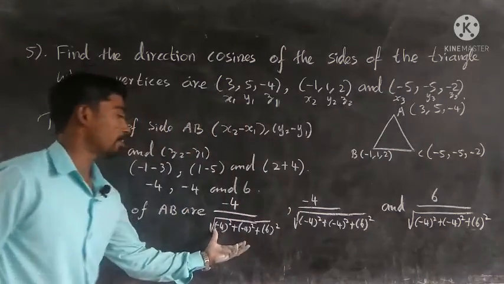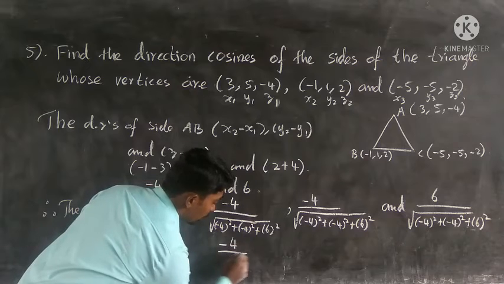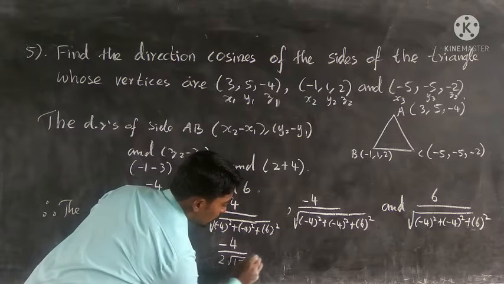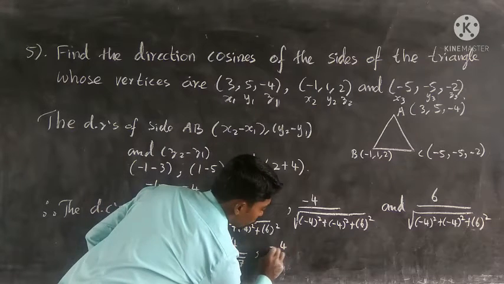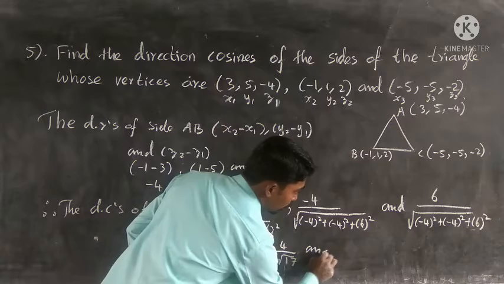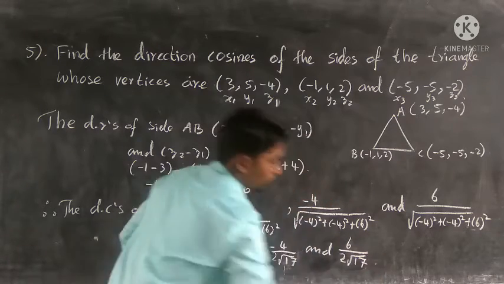If you simplify, you will get -4 by 2 square root of 17, -4 by 2 square root of 17 and 6 divided by 2 square root of 17.